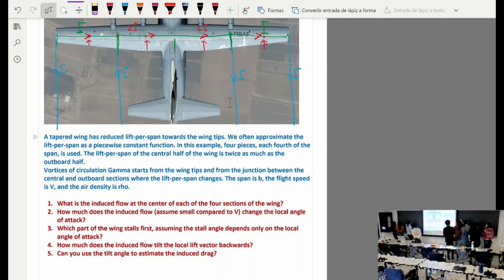That's right. So like here, right? Then it was like 4 pi times the orthogonal distance. Oh yes, right.